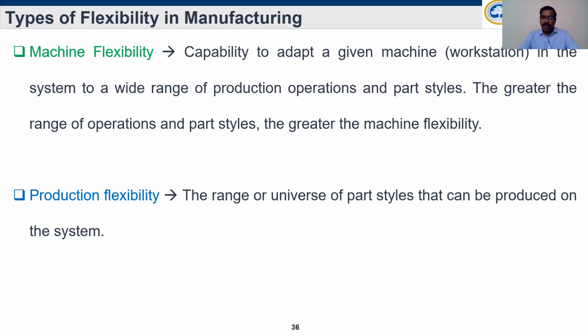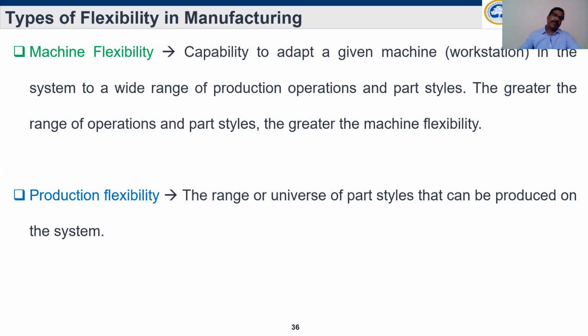The greater the range of operations and part styles, the greater the machine flexibility. If we can do many machining operations in one machine, and different styles of parts can be machined on it, then the machine has greater flexibility.